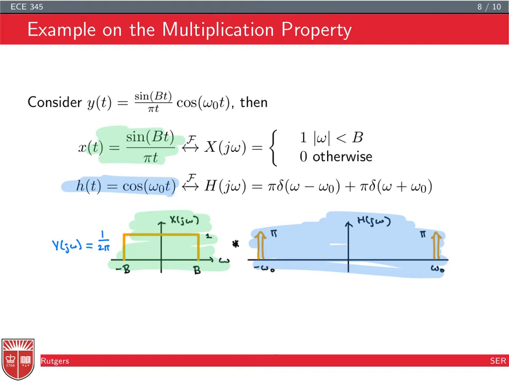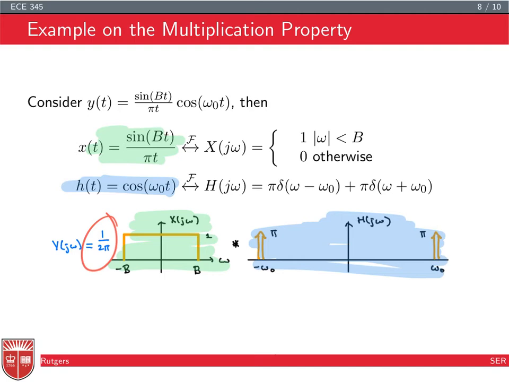To get the CTFT of y of t in the frequency domain, it's going to be the convolution of these two signals. And again, don't forget about the factor 1 over 2 pi here.